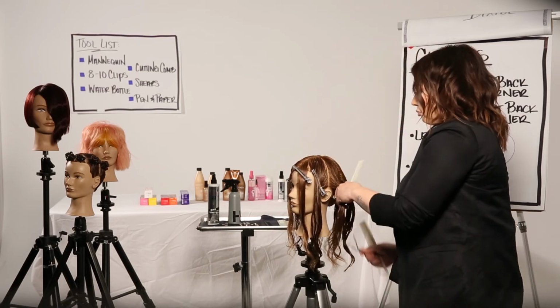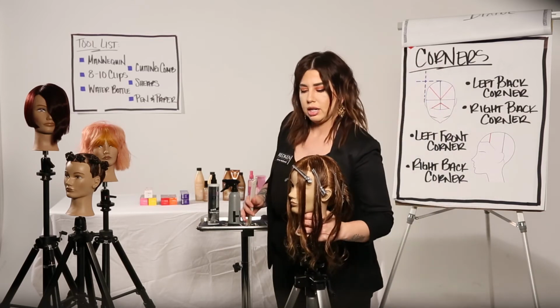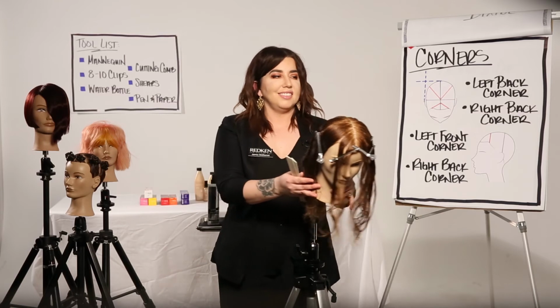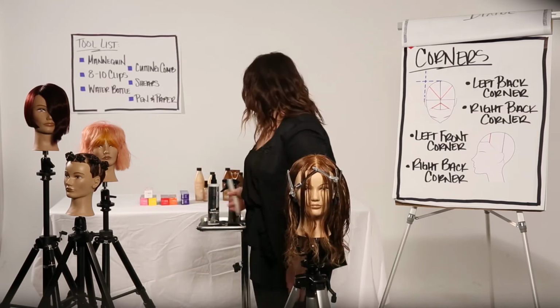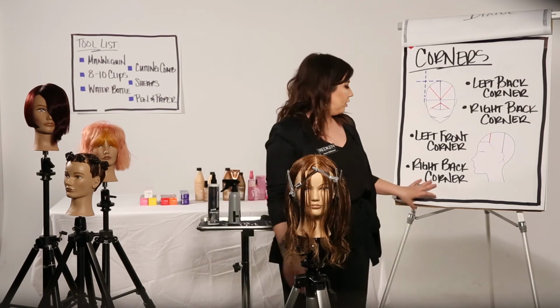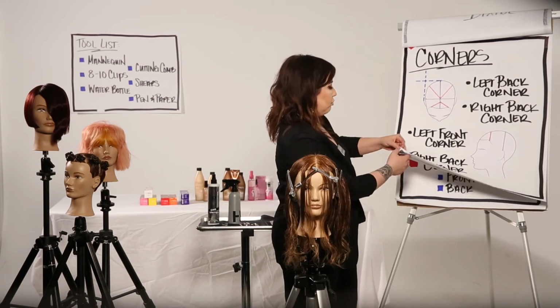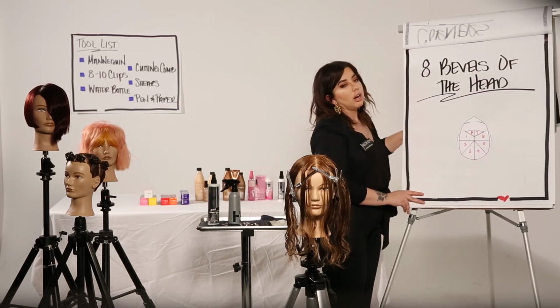There we go. So as you can see, we now have how many changes of direction in the head? Yes, we have 8. Very good. So when we number them off, we have a verbiage at Redken, and it's a principally based verbiage, so we always know where we are on the head.